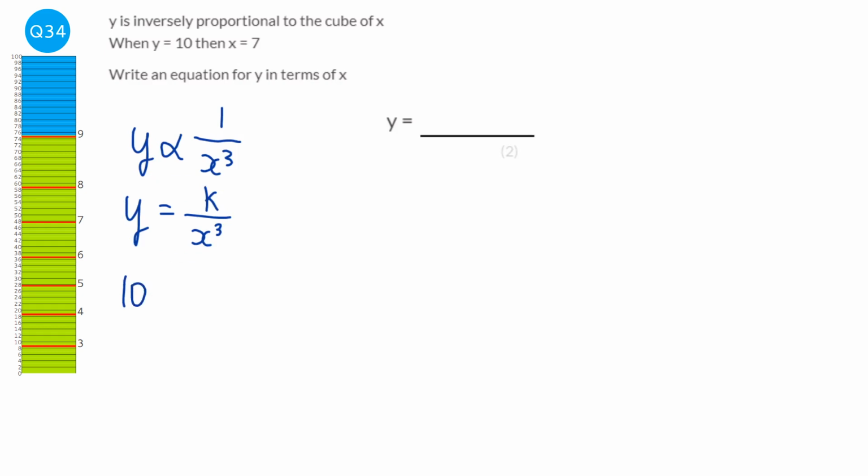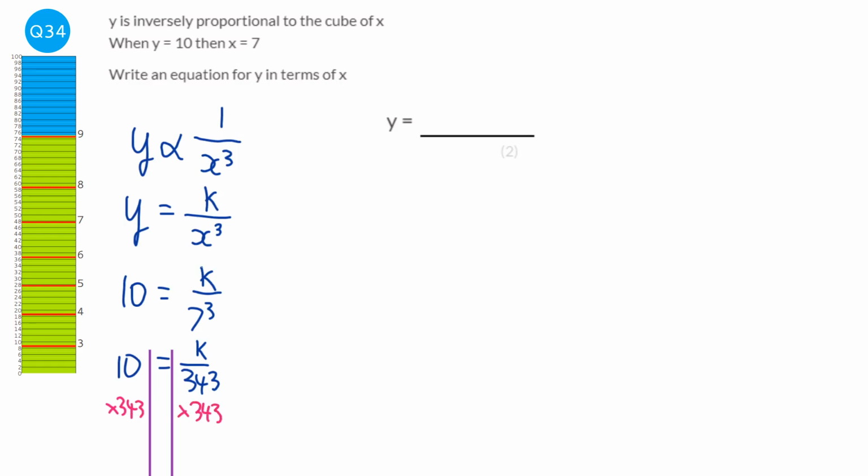So it's going to be 10 equals k over 7 cubed, or 10 equals k over 343. Okay. And then we're going to multiply both sides by the 343, to find out what k is.